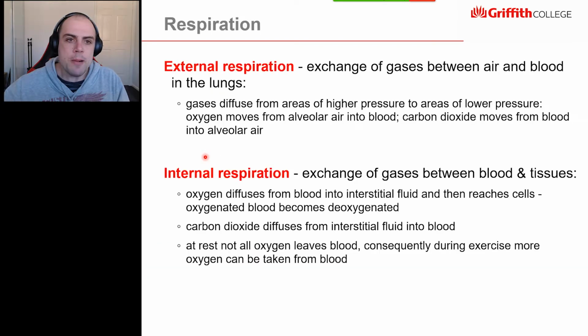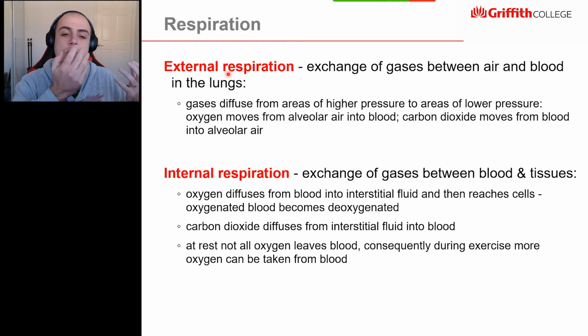That's correct. Okay, so we've looked at this last week in terms of external respiration and internal respiration, but I feel it's important that we clarify that again. External respiration is that gas exchange, the movement of oxygen and CO2 between the lungs and the blood. Internal respiration is when we have already left the lungs, we're in the blood, and we're moving to our tissues.